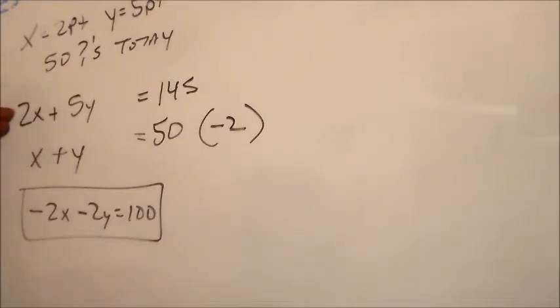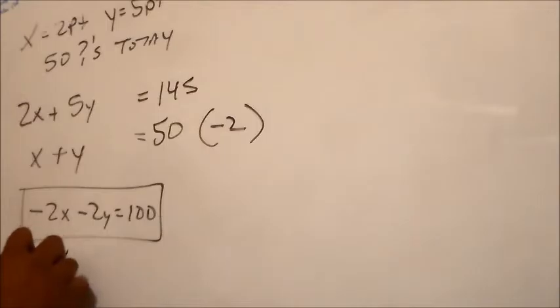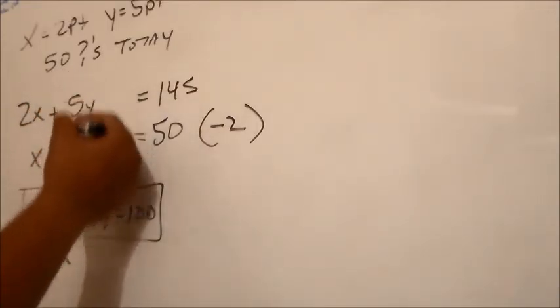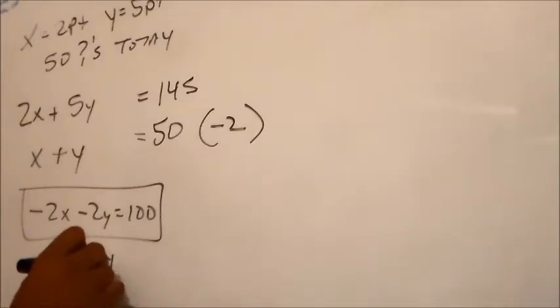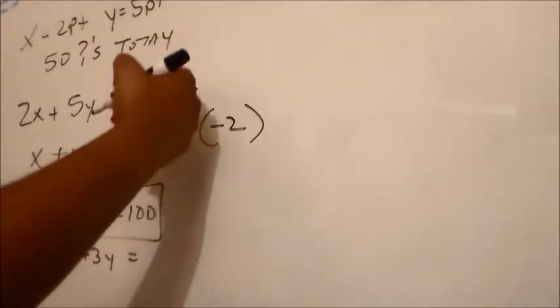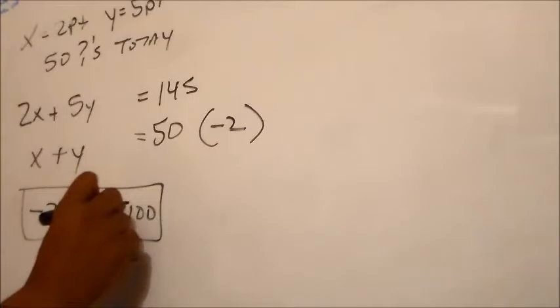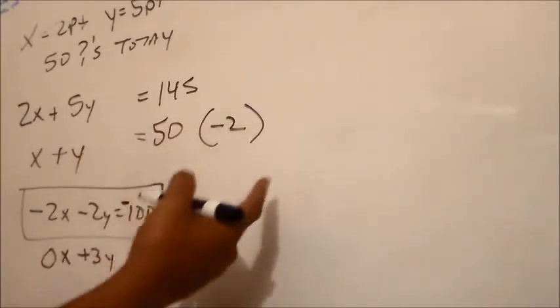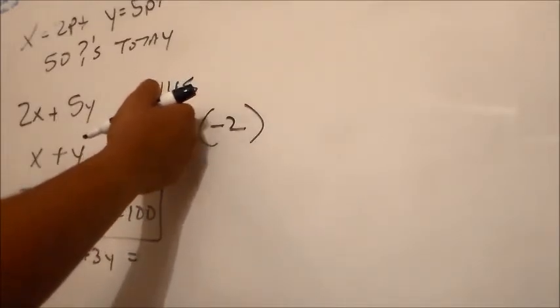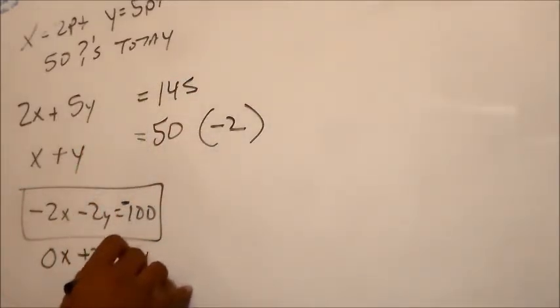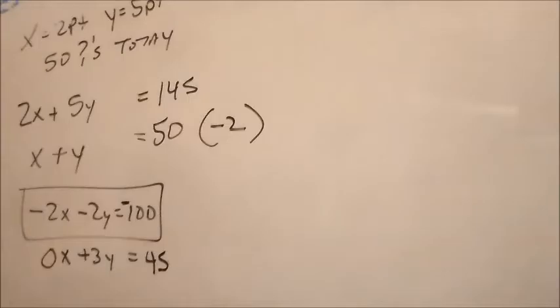So 2 minus 2, we're going to have 0x because that's going to cancel out. And then 5 minus 2y is going to give us positive 3y. And then this is -100, actually 5 times -2 is -100. And this is so nice because 145 minus 100 is just going to give us 45.